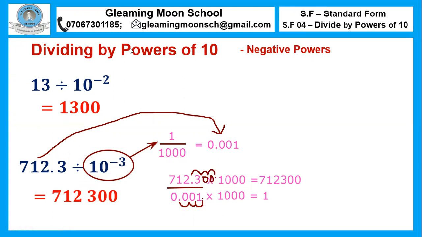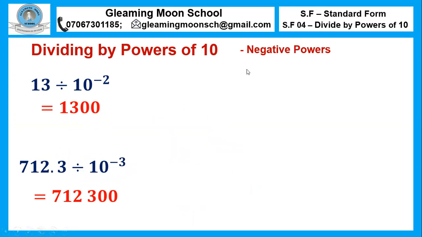Now I am going to ask you a question. I want you to have a look at what we've done, just like we checked in the other one when the power is positive. What have you noticed about the answers in relation to the power?